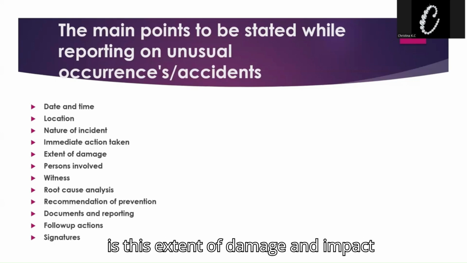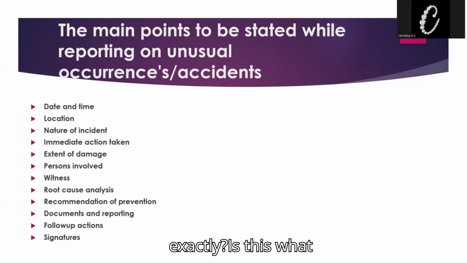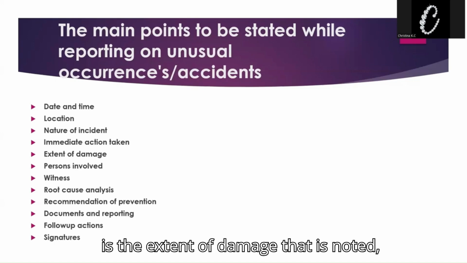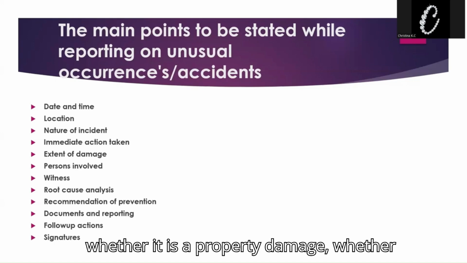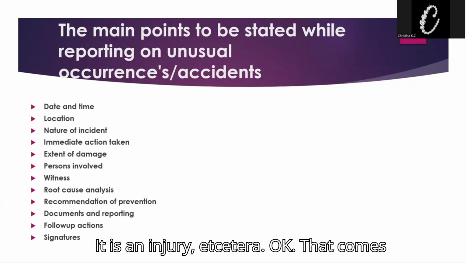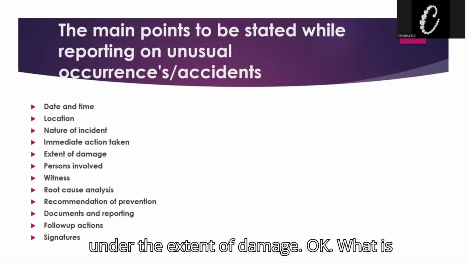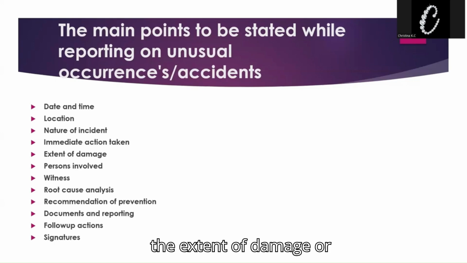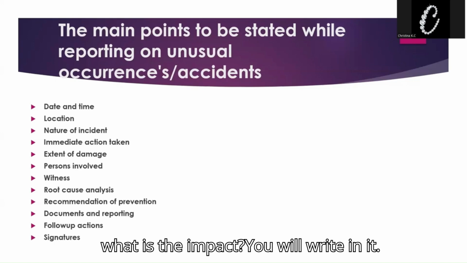What is the extent of damage that is noted, whether it is property damage, an environmental impact, or an injury, etc. That comes under the extent of damage. What is the extent of damage or the impact, you will write in it.